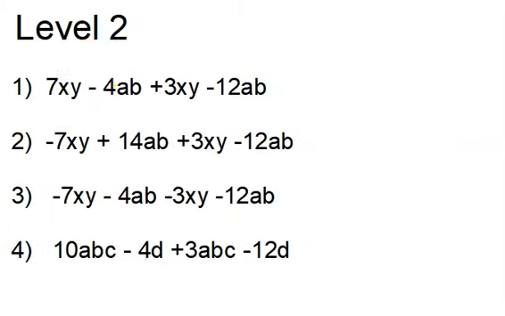Alright, now look at this. This is level 2 algebra addition and subtraction. Here we have to choose the same term. For example, now we have 7xy and a plus 3x. We write both of these first and follow their sign.